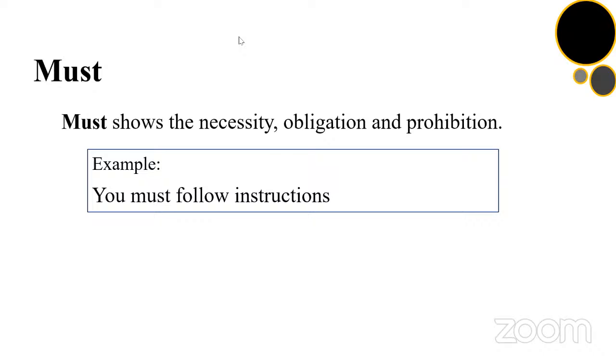You can also say you should follow the instructions, but with must it is a compulsion, whereas with should it is not. The percentage differs. If must is 90%, should will be only about 50%. Is that clear what I'm saying?